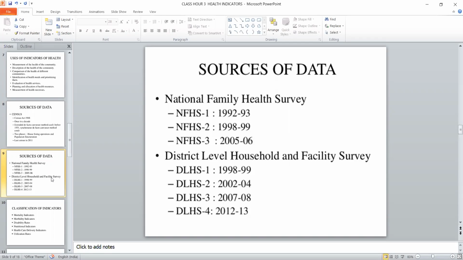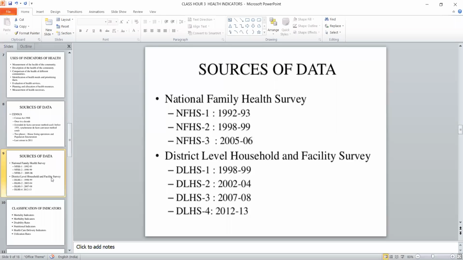But the fourth was not conducted, because the census had abolished the National Family Health Survey. But still, in 2018, it was retried. Probably around 2021, there will be a National Family Health Survey, before the census it will be implemented.